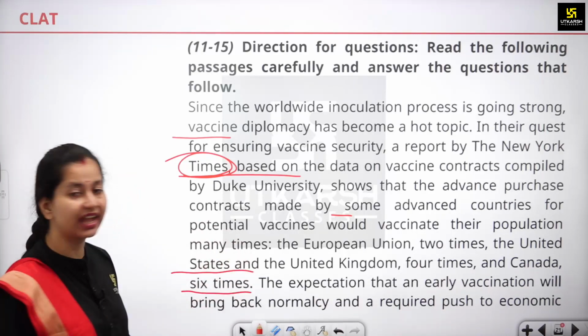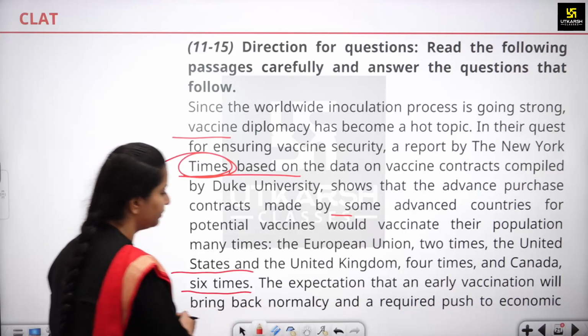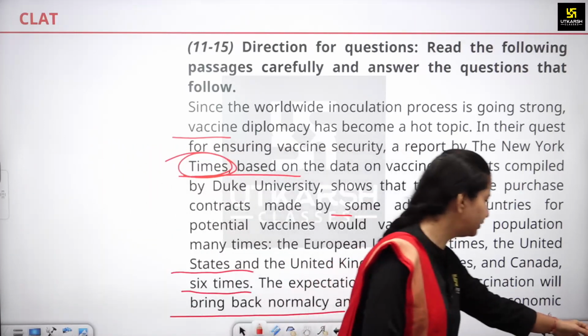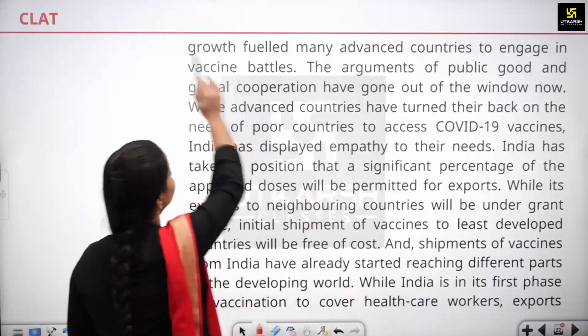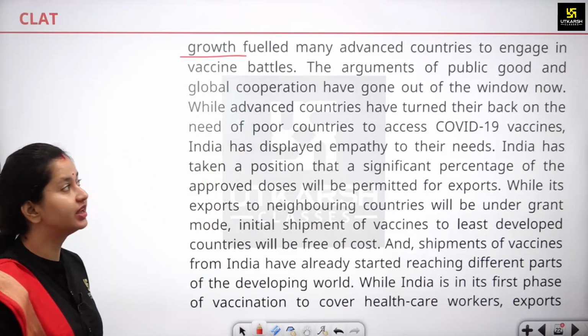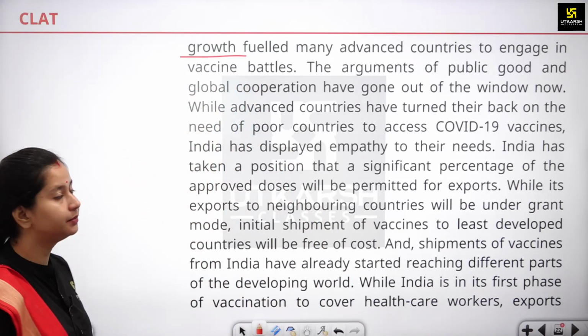The expectation that early vaccination will bring back normalcy and give the required push to economic growth fueled many advanced countries to engage in vaccine battles.